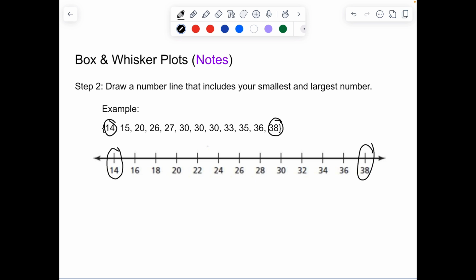If you really wanted to, you could have it extend a little bit less than your lowest number and a little bit higher than your largest number. So for example, I could make this be from 12 to 40.